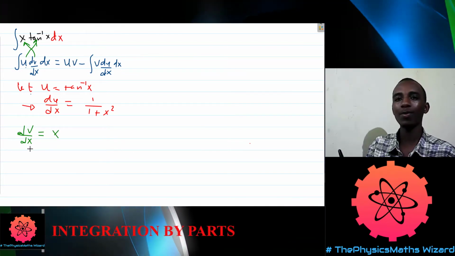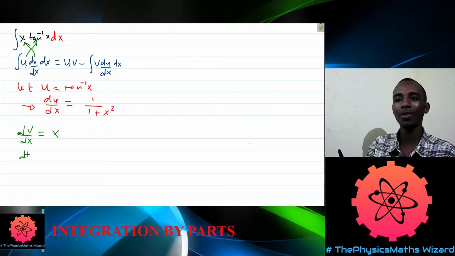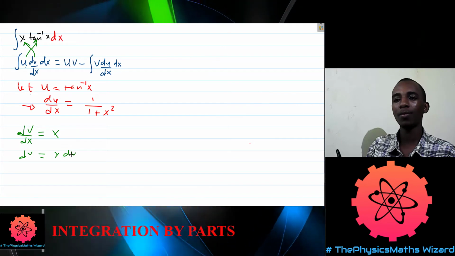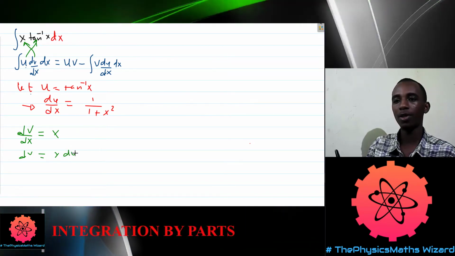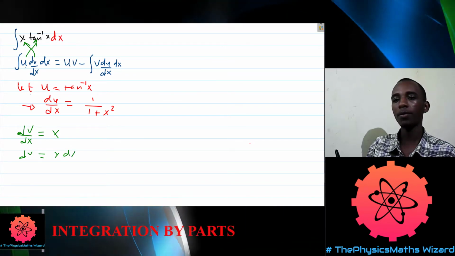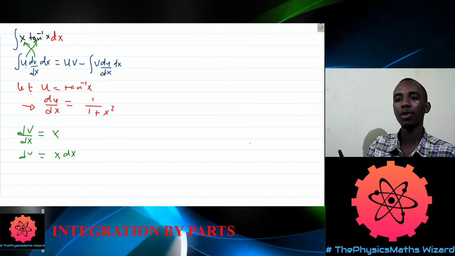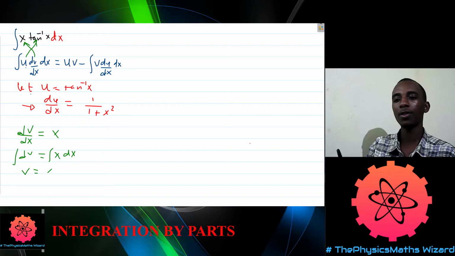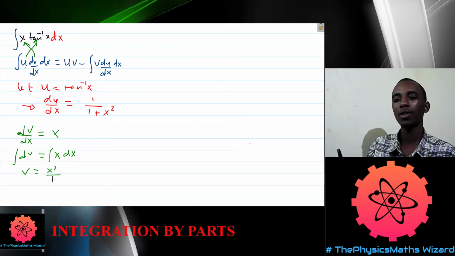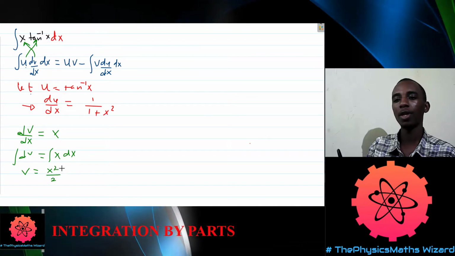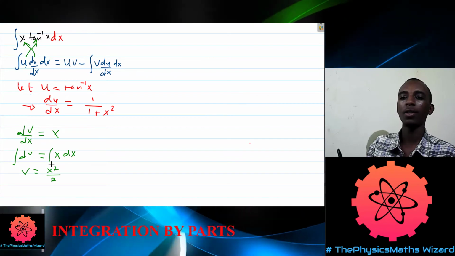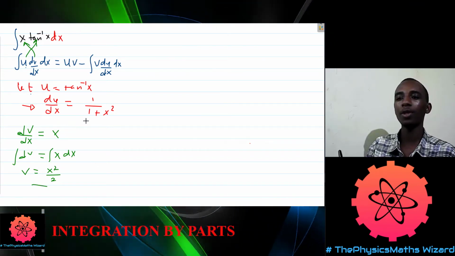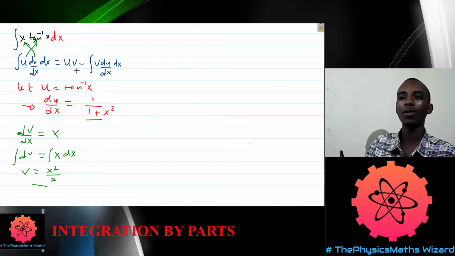This is a simple differential equation that we can find the value of v from. I put integrals on both sides, so v is going to be x squared divided by 2. Okay, so let's put all this into the formula for integrating by parts.